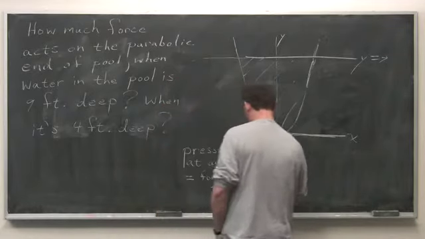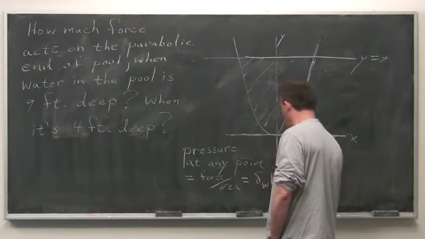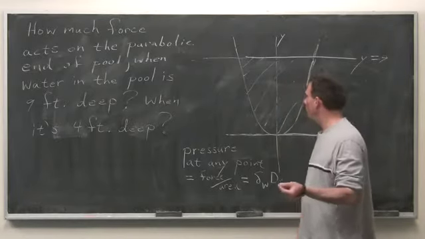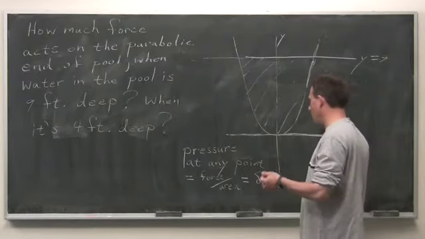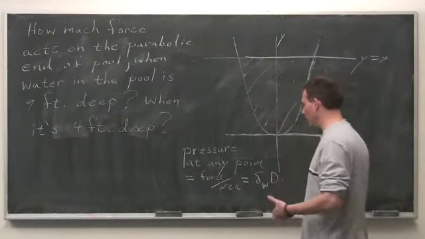And we know that the pressure at any point is the weight density of water times the depth at that point, the depth of the water at that point. But what's happening is the depth changes as we move down the face of this wall.